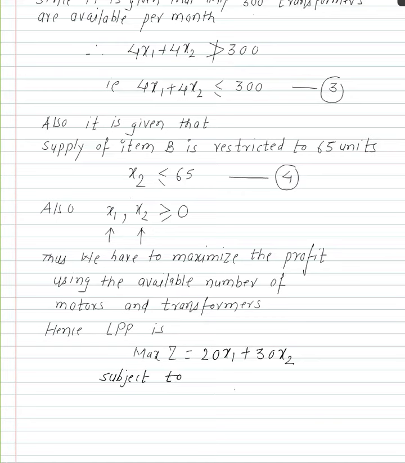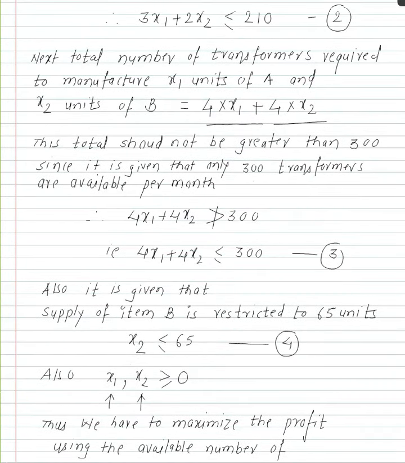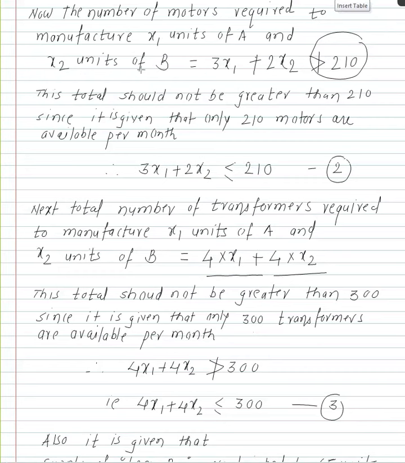These conditions are called constraints of the problem. So what is the first constraint? Equation number 2. Total number of motors should not be greater than 210. 3x1 plus 2x2 should not be greater than 210. So we write 3x1 plus 2x2 less than or equal to 210.